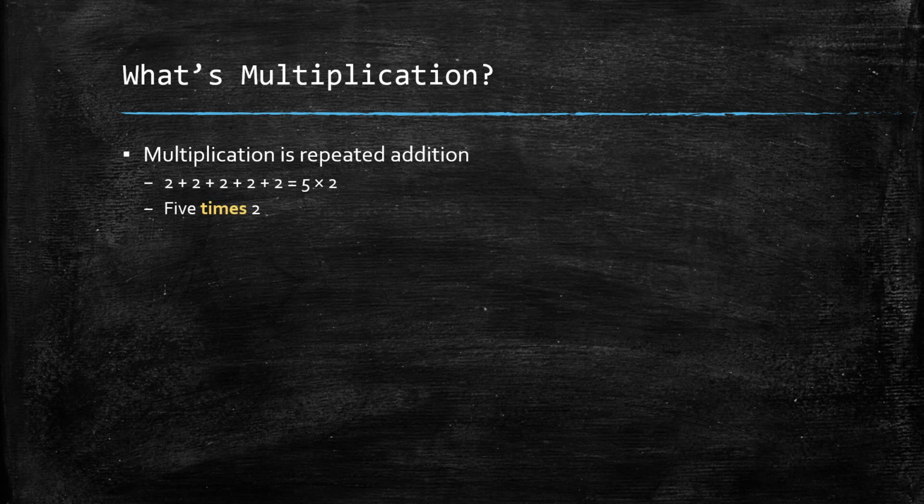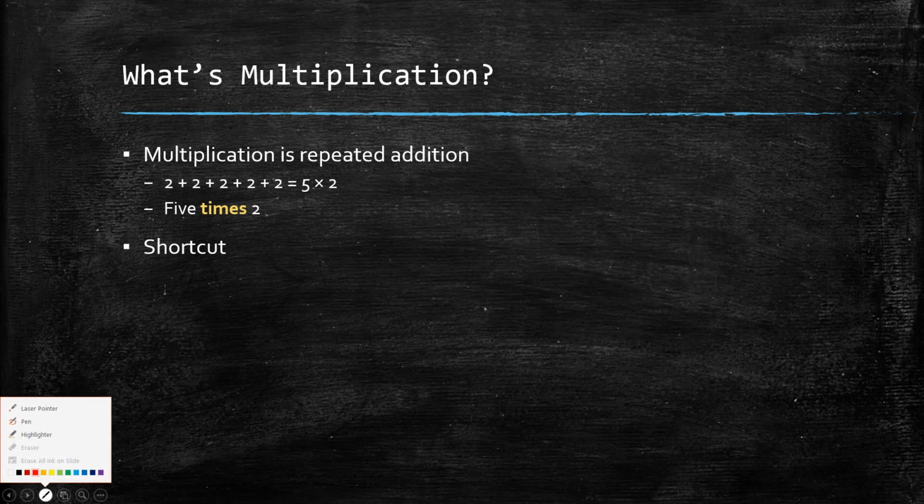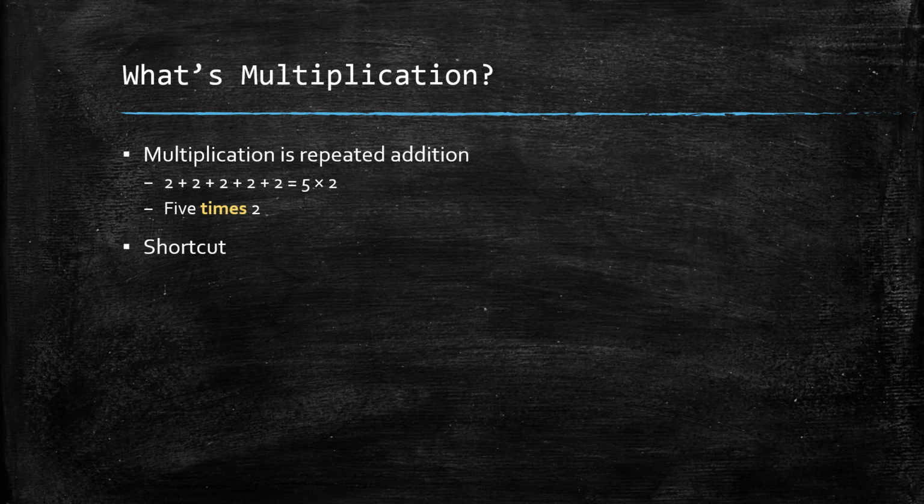Or we can write it as 5 with an X, like a multiplication symbol, and then a 2. It's a shortcut for repeated addition because, as you can see, it's much easier to write this than it is to write this whole thing.